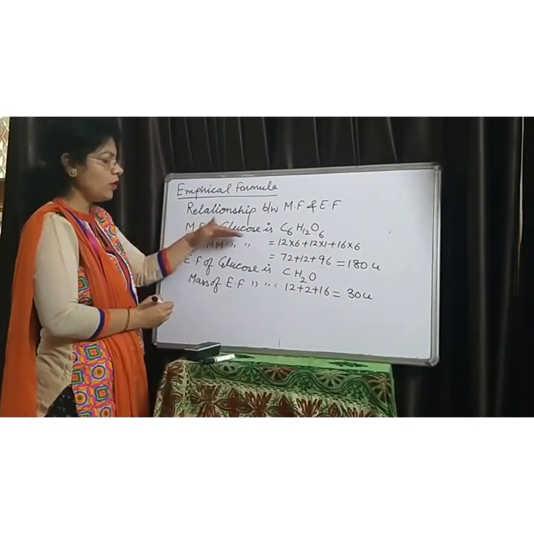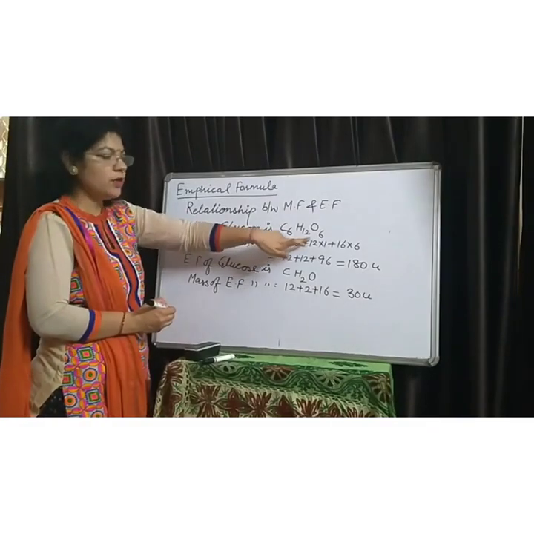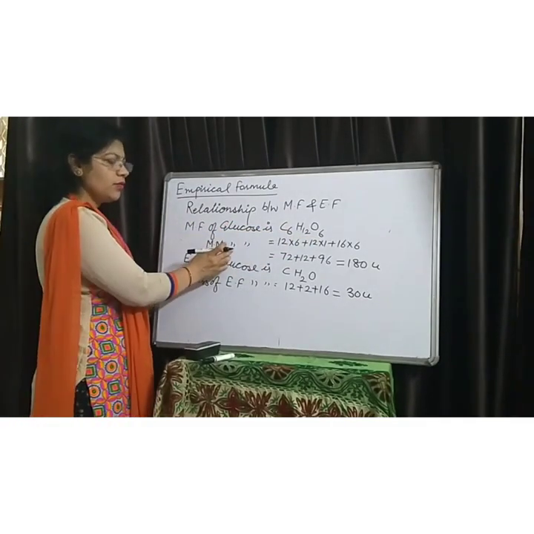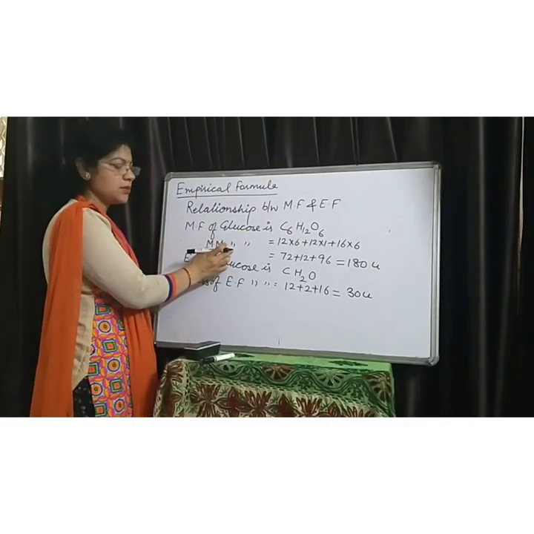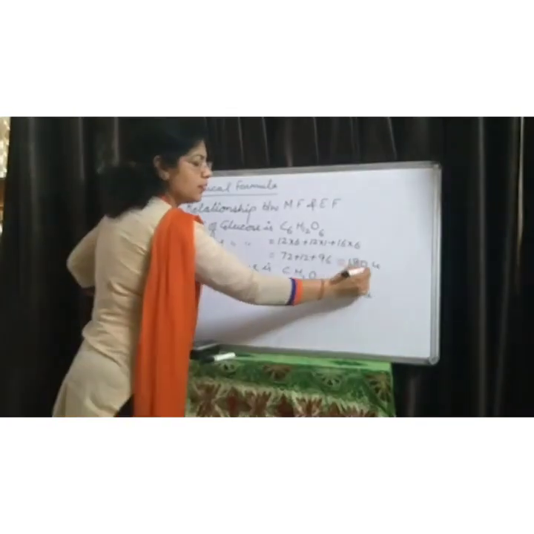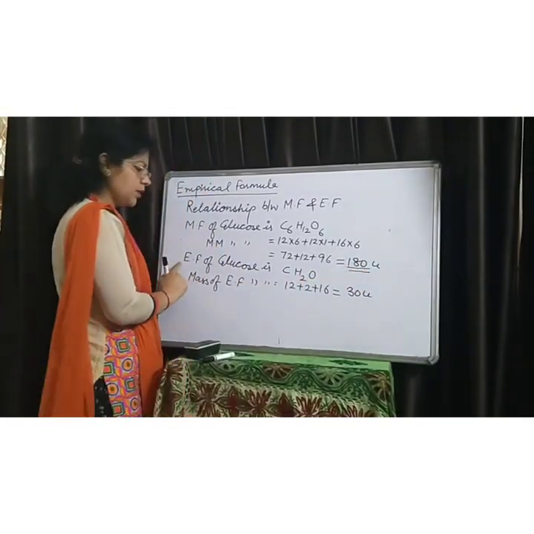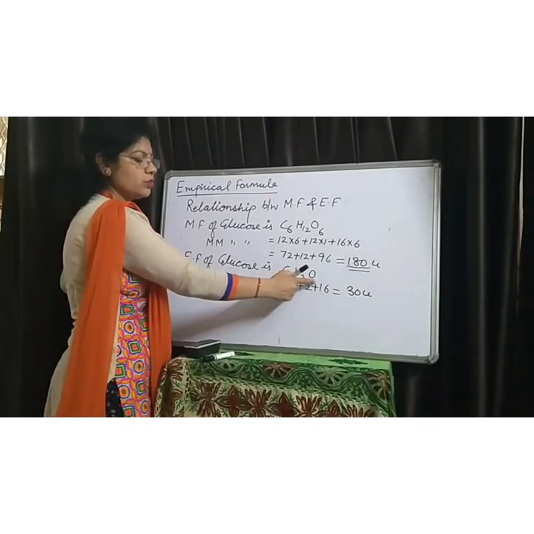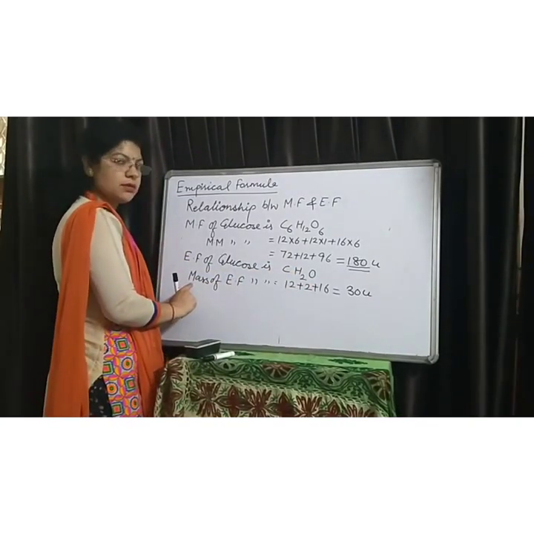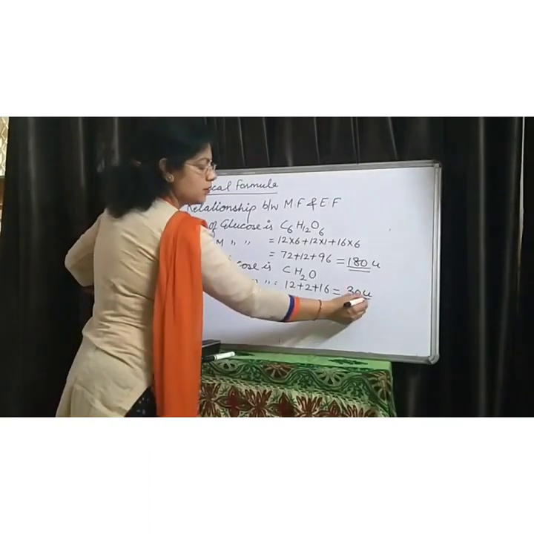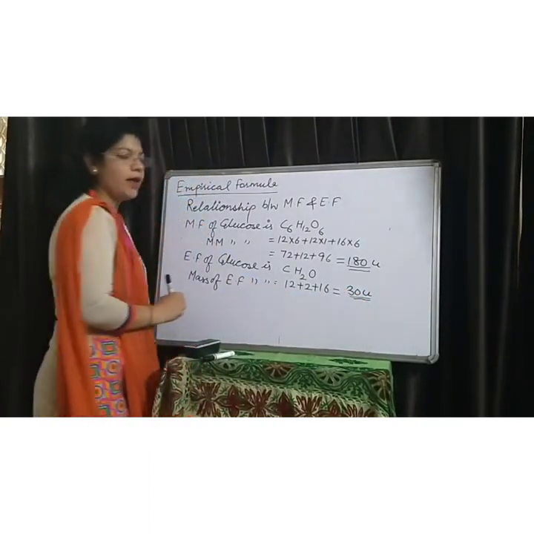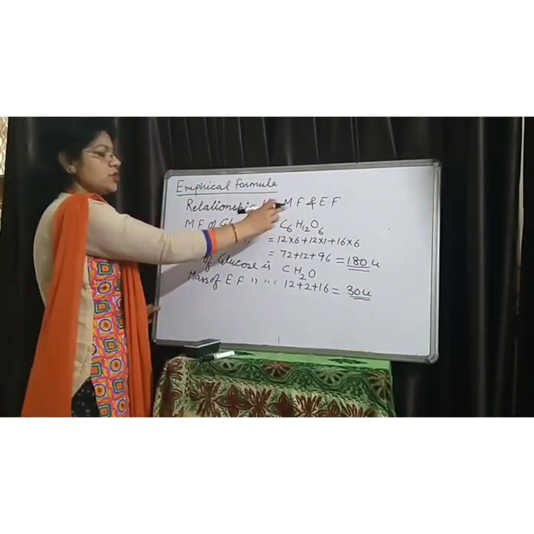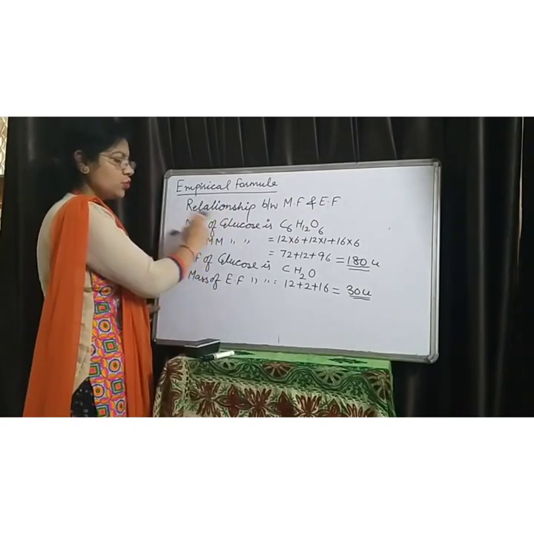The molecular formula of glucose is C6H12O6, with molecular mass 180. The empirical formula is CH2O, with mass 30 u. We have to find the relationship between these two.